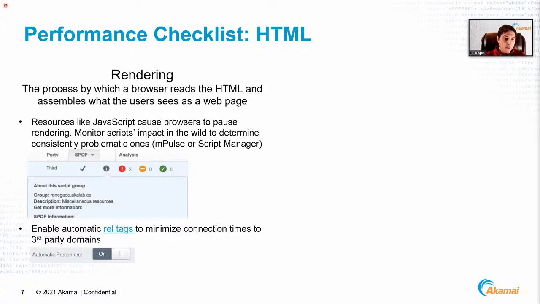And the reason we're talking about that in the context of performance is because if the browser stops and waits to go get a JavaScript, what does it mean if the browser can't get it, or it's slow, the JavaScript?